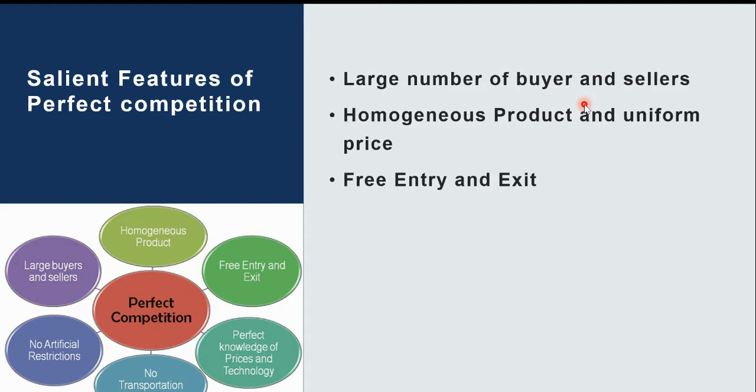So what is your profit? 600 minus 500, 100 rupees is your profit. This is only called super normal profit. What is normal profit? Your cost is 500 and your revenue is also 500. So R and C, your revenue and cost, are equal. That means you are making a profit, but that profit is a normal profit.